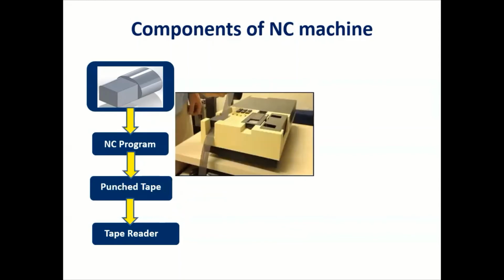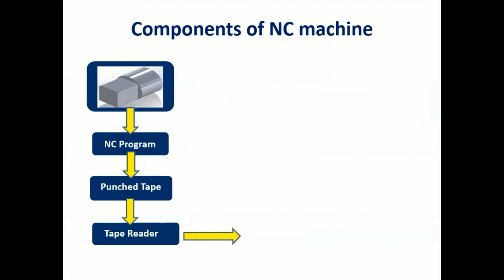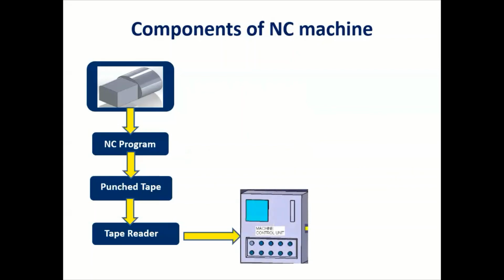This is the tape reader. The controller will receive the electrical signal from the tape reader and send it to the machine control unit, and the machine will respond with respect to the program.